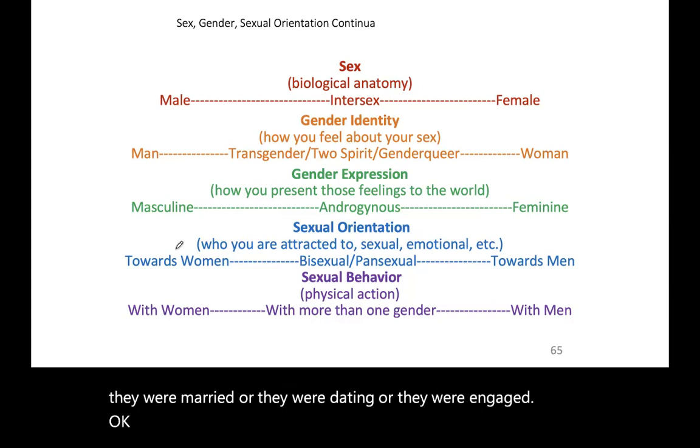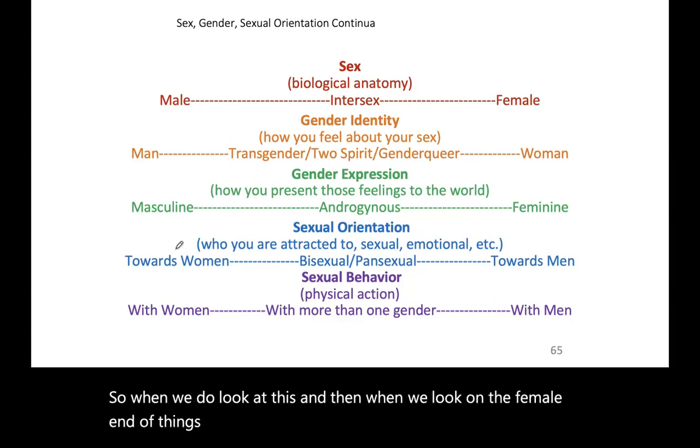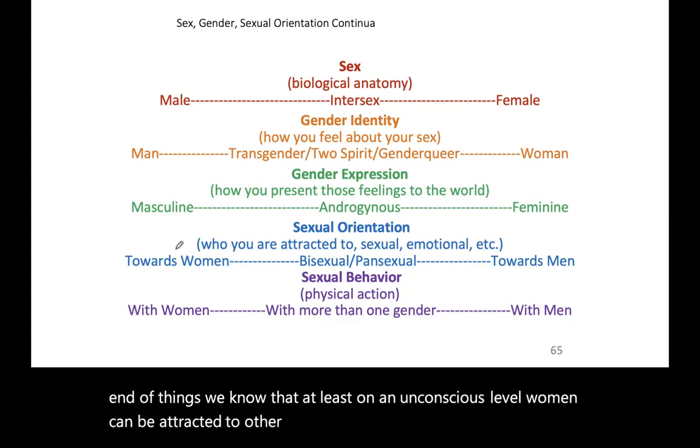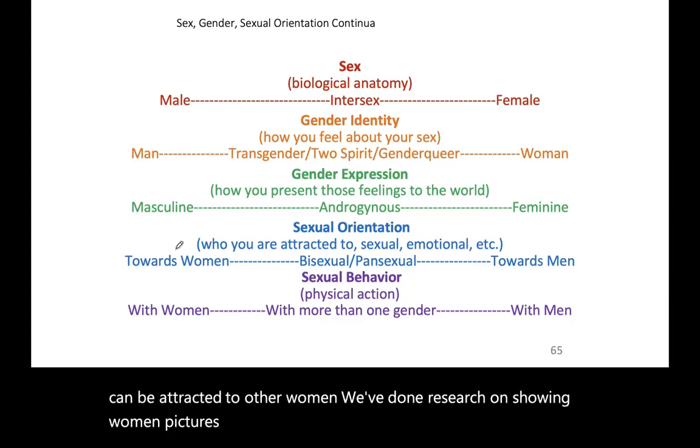So when we look at the female end of things, we know that at least on an unconscious level, women can be attracted to other women. We've done research showing women pictures of other women and measuring pure physiological responses.